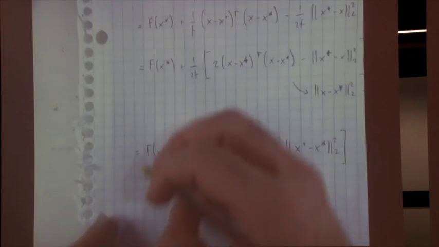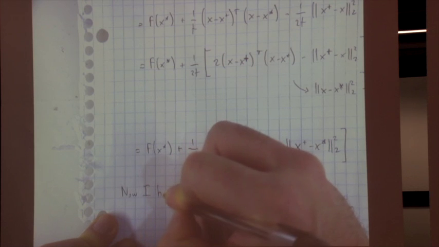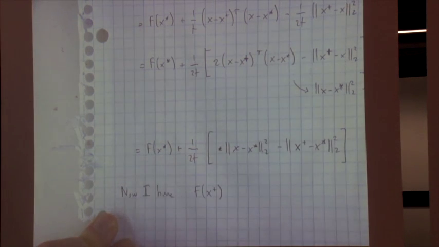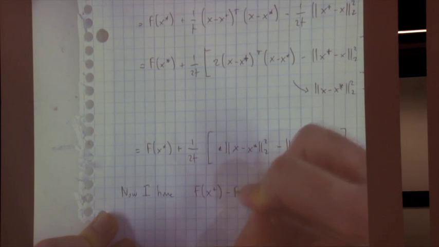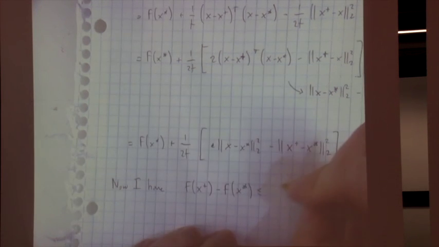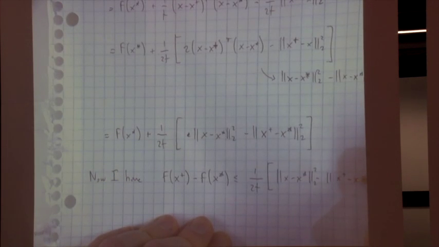So now I have f of x plus, I'm just moving f of x star to the other side of the inequality, minus f of x star less than or equal to 1 over 2t x minus x star squared minus x plus minus x star squared.